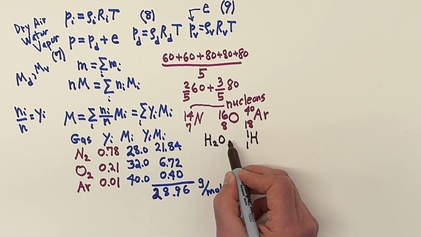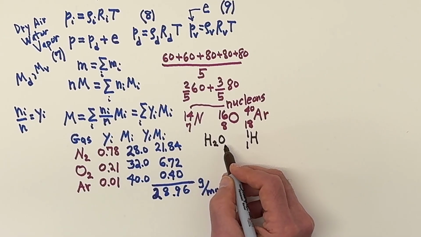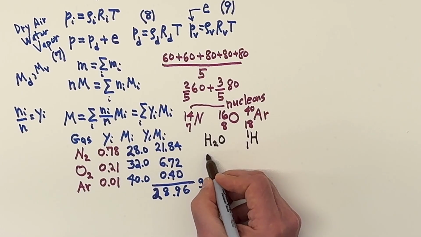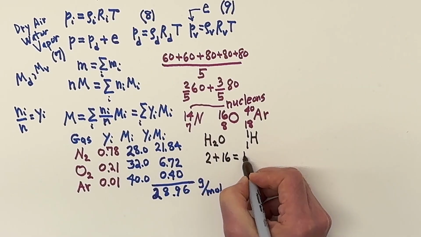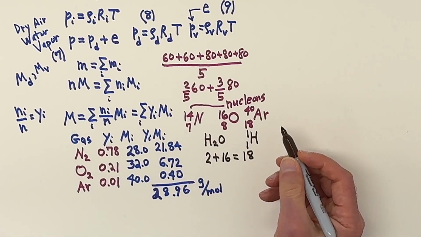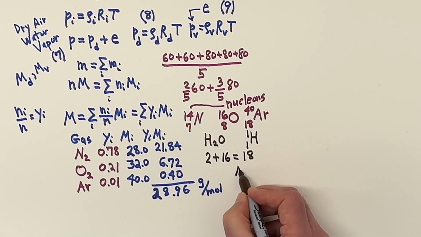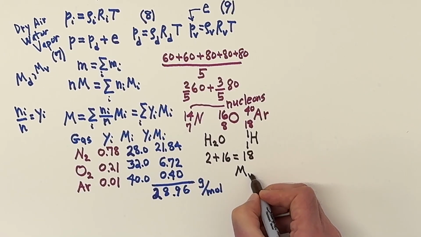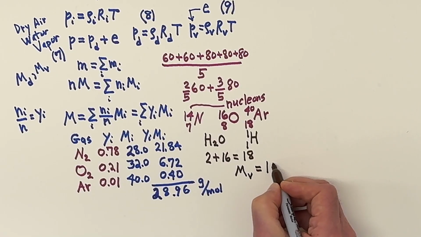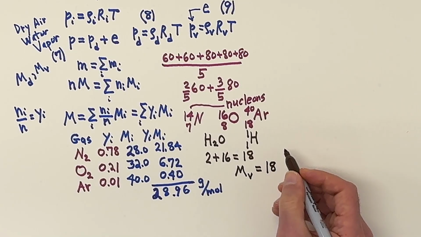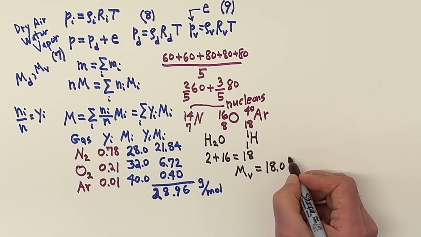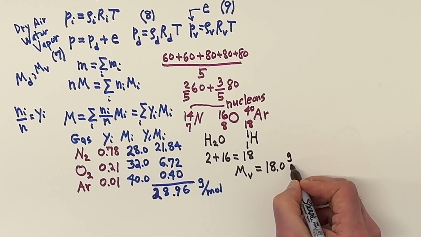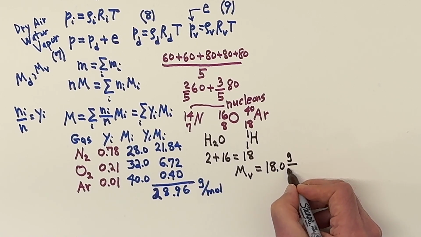That's 2 plus an oxygen. That's 16. So 2 plus 16 is 18. So therefore, the molar mass of vapor is 18. I'll throw in a 0.0 there. More careful analysis justifies what I'm doing.